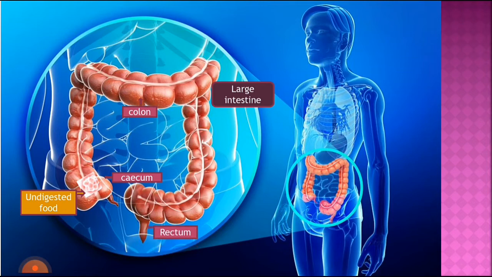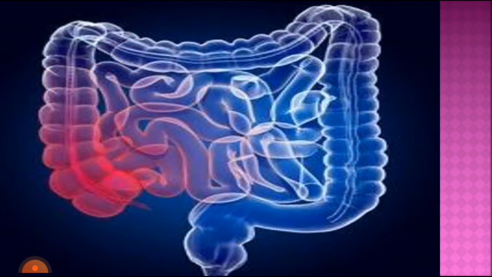Appendix is a hollow finger-like pouch which hangs at the end of the cecum. It has no function in digestion in humans. However, it is functional in herbivores. It is much longer and helps in digesting their food. The undigested food travels all along the colon.